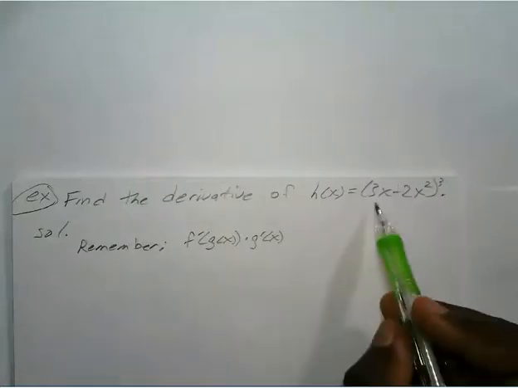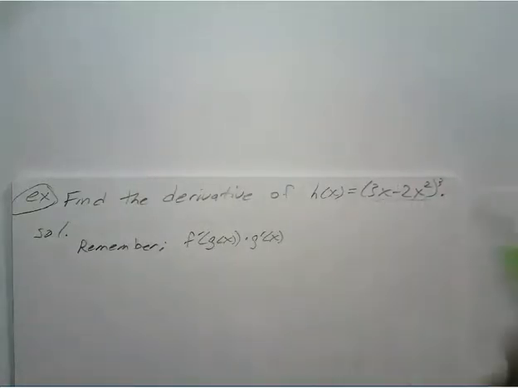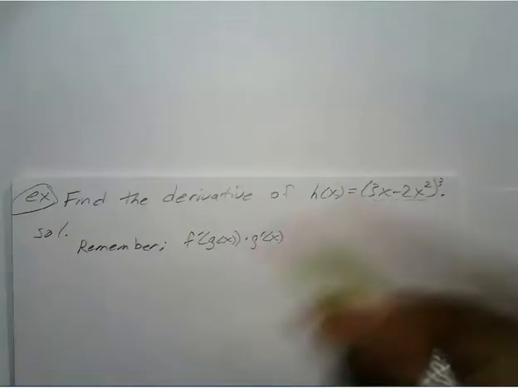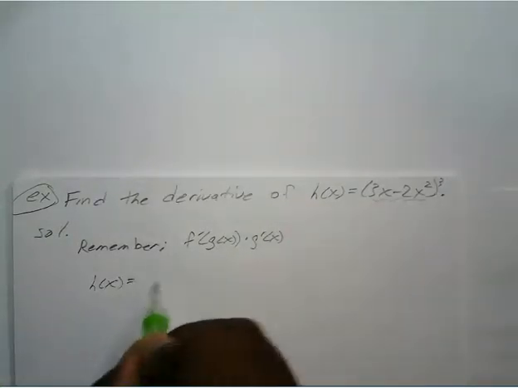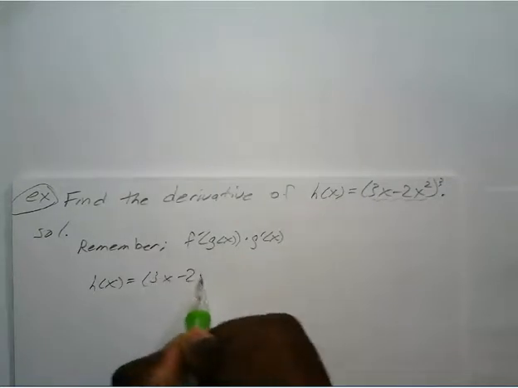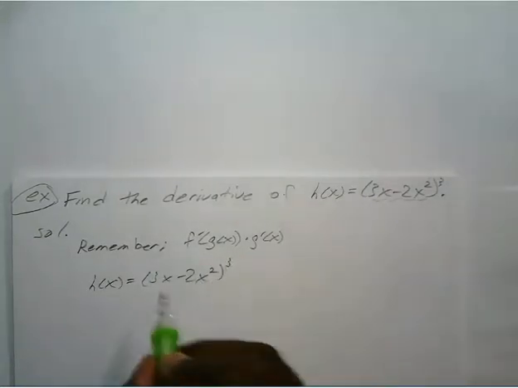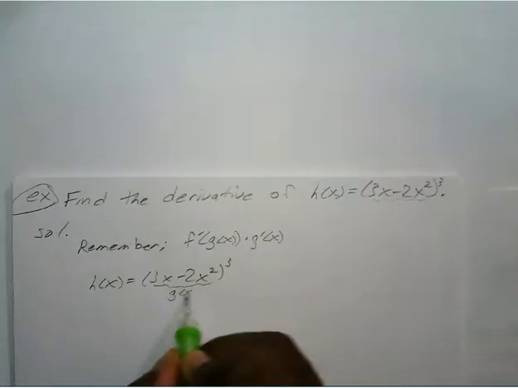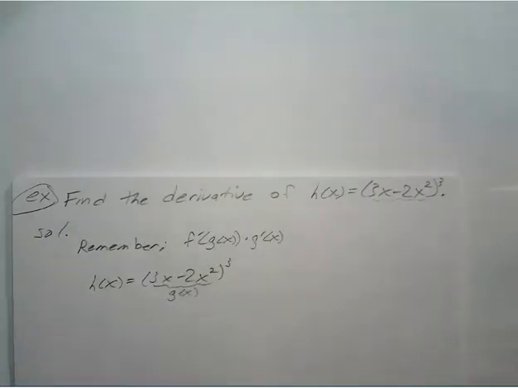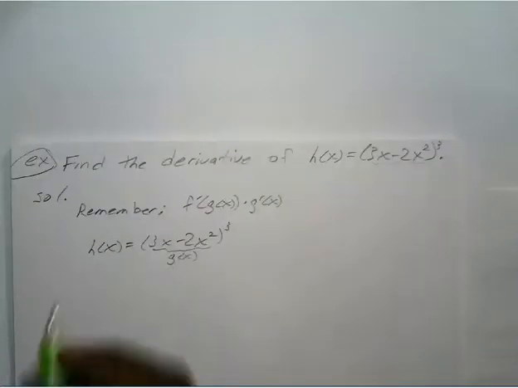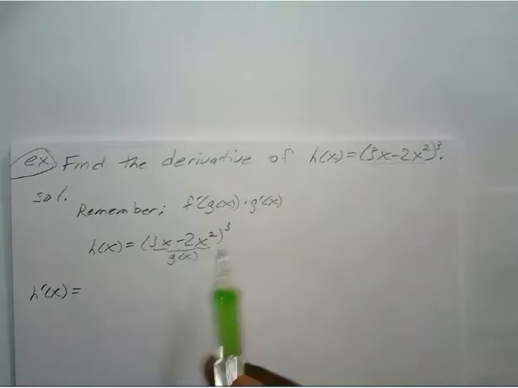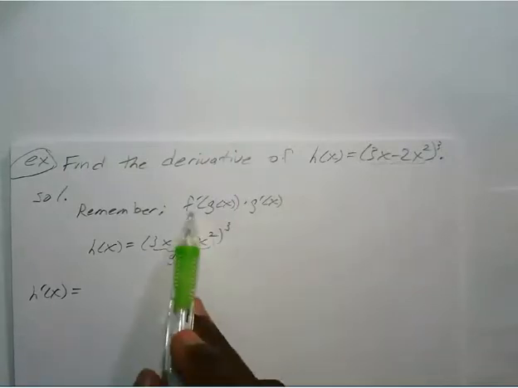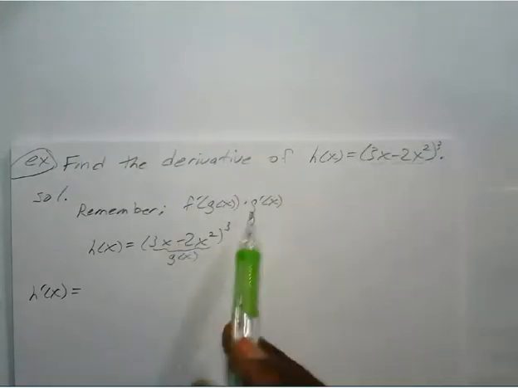Alright, so in this case, inside of here is your g of x. Okay, so h of x equals 3x minus 2x squared to the third power. This is your g of x. So that means your derivative is equal to the derivative of the entire function.